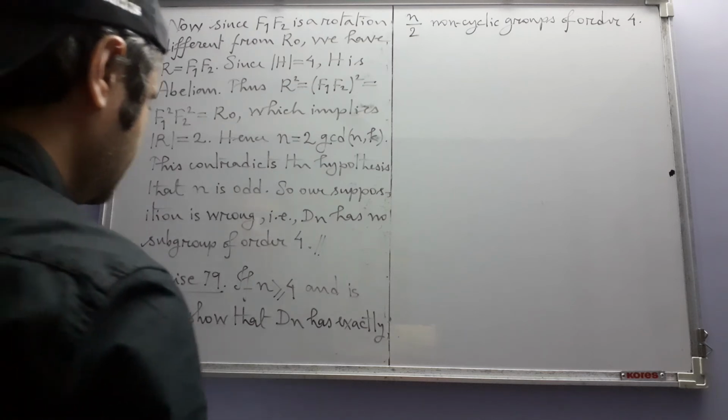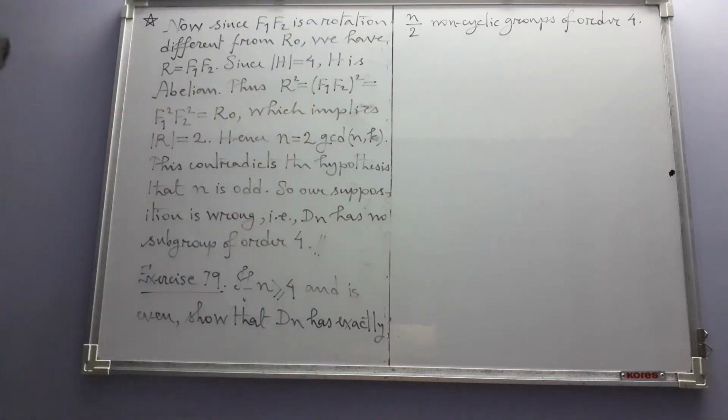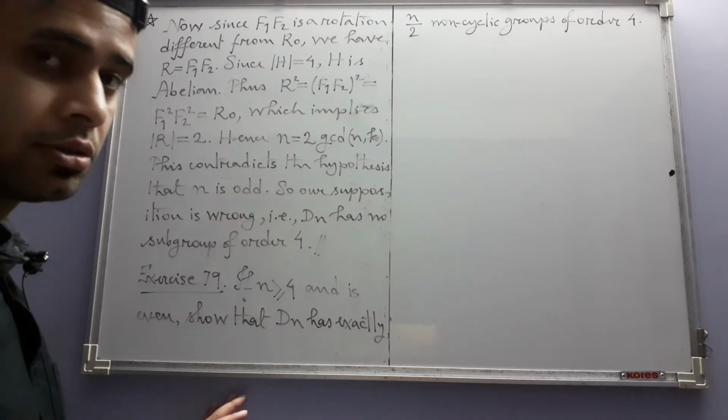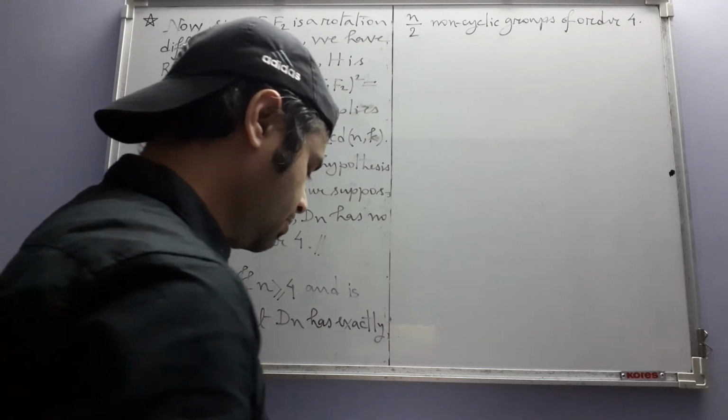Okay, so now n is at least 4 and is given to be even. We have to prove that the dihedral group Dn has exactly n divided by 2 non-cyclic groups of order 4.